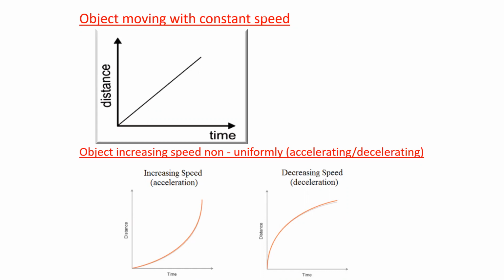An explanation of this: the term constant speed means that object travels same distance in equal time interval.